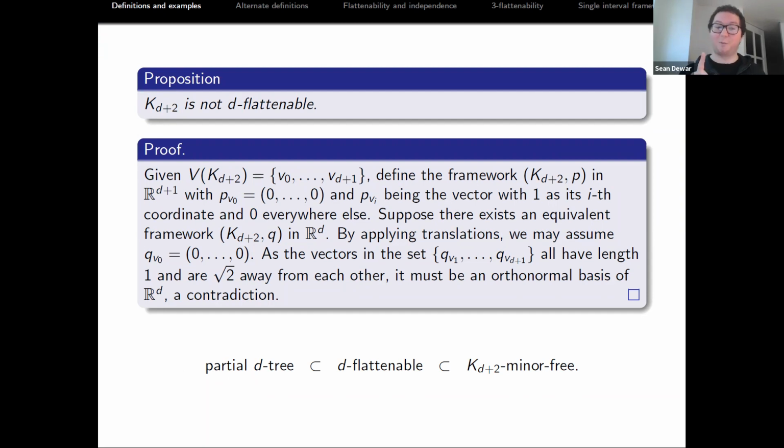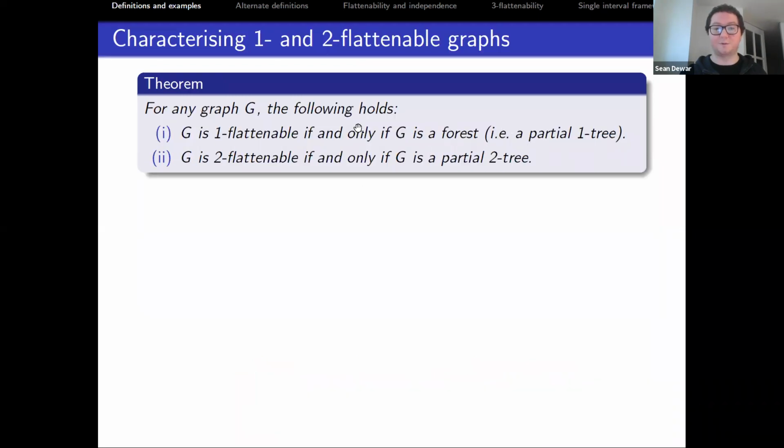So a 1-tree would be taking copies of K2 and gluing them together at copies of K1, which is just vertices. That's going to give you a tree. If we plug in D over here, we're going to get K3 minor free. Well, anything that's K3 minor free just means it doesn't have a cycle. So these are exactly the forests. So this property and this property are exactly the same. The whole thing collapses, so 1-flattenability is identical to these two. So that's the first one.